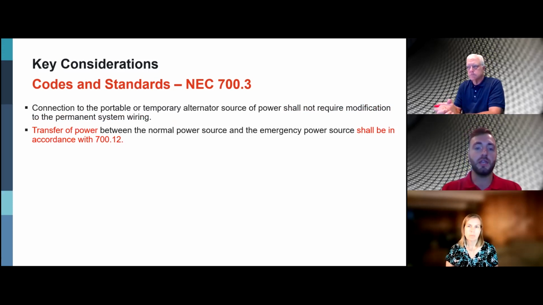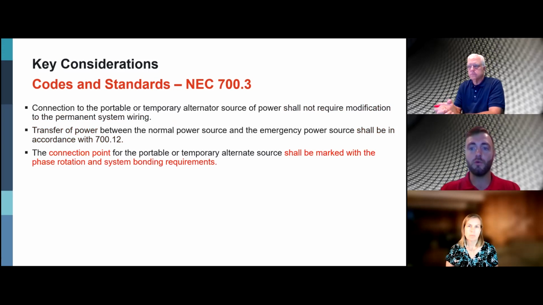The connection point for the portable or temporary alternate source shall be marked with the phase rotation and system bonding requirements. NEC is just trying to remove any chance of human error, and by marking your connection points, this should help eliminate any of those issues.